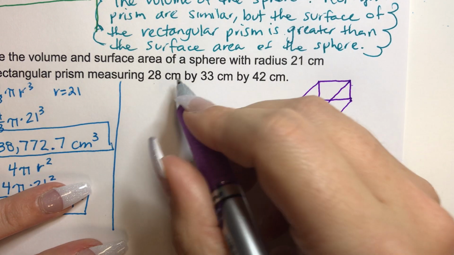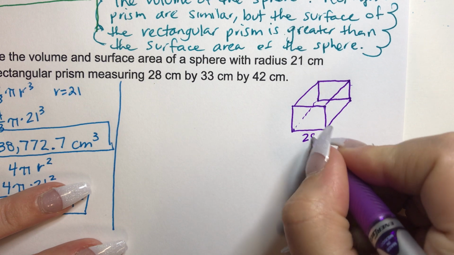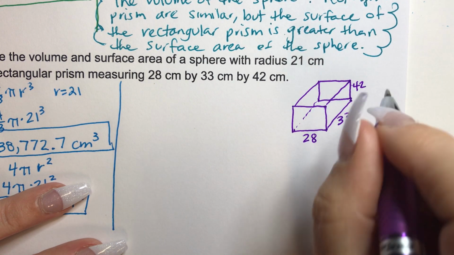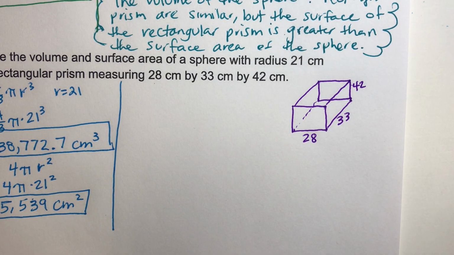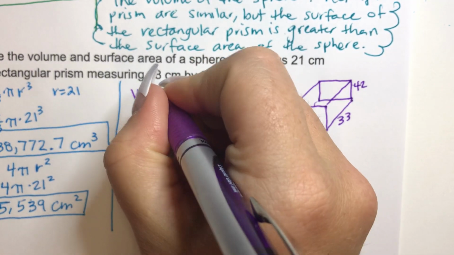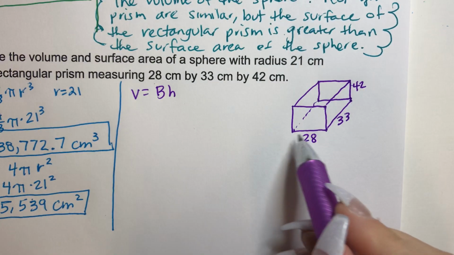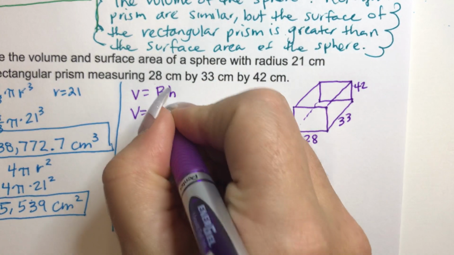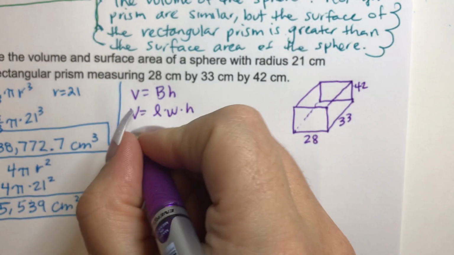All right, so it says it's 28 by 33 by 42. Okay, so the first thing we're going to do is find the volume, right? The volume is the area of the base times the height. The area of the base is a rectangle, so it's going to be length times width. So it's length times width times height.